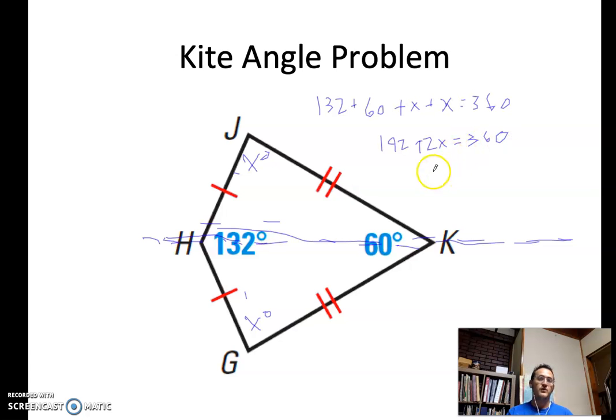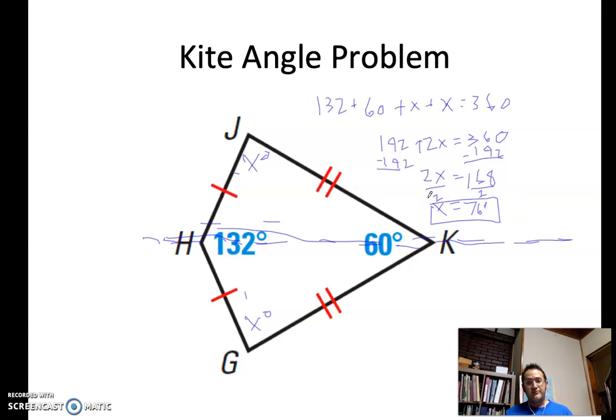And just subtract the 192 from both sides. And you're going to get 168. So therefore x would be 76 because we divided both sides by 2.